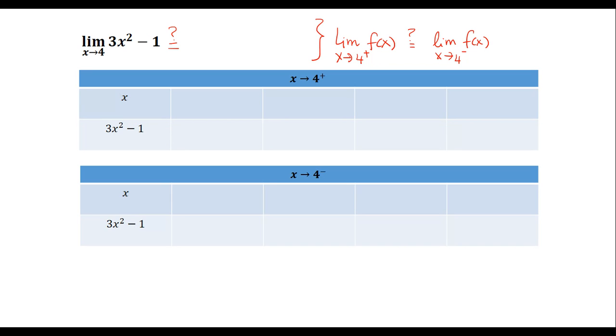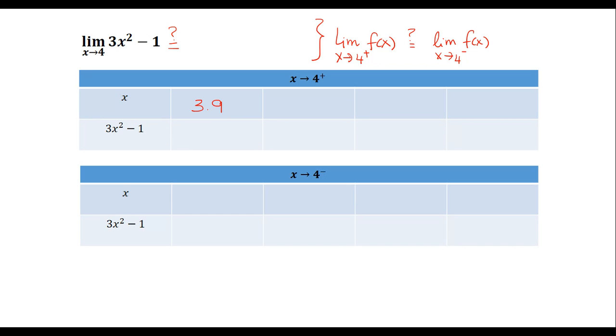When you go to the right, it means I need to choose a number that is from my left, right? Because left goes to right. So we start with 3.9. You need to find numbers that are close to this value because you don't know what type of function you have.